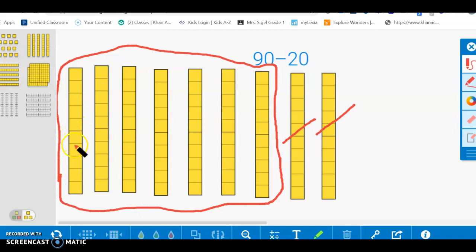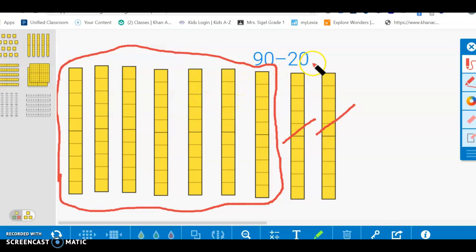I have 1, 2, 3, 4, 5, 6, 7 tens left. Okay, what number is the same as 7 tens? 70, you're right. 10, 20, 30, 40, 50, 60, 70.